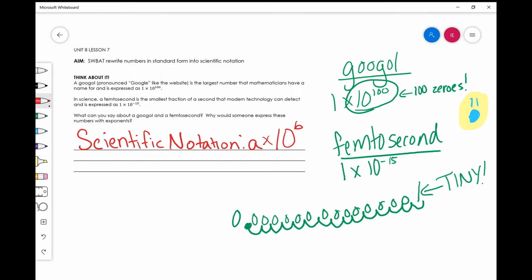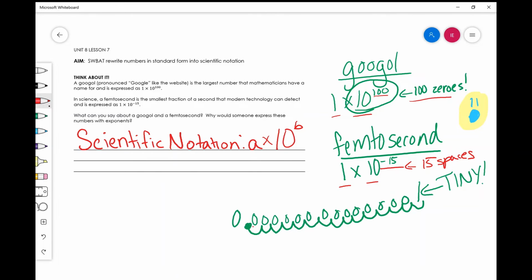So in a googol's case, I have 1 times 10 to the power of 100. In a femtosecond, I have 1 times 10 to the negative 15. I don't have to write out my 100 zeros or my 15 zeros. I could just write 10 to an exponent and call it a day.